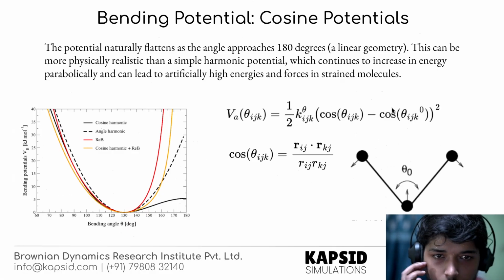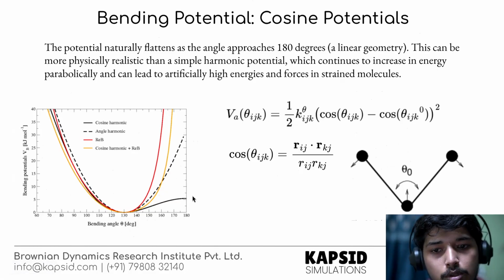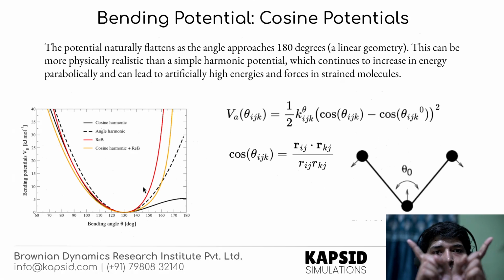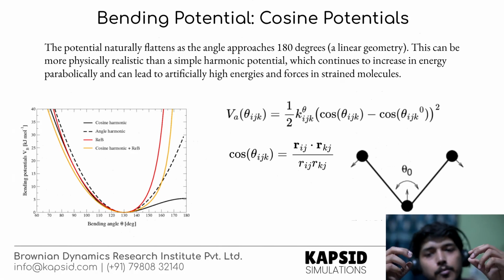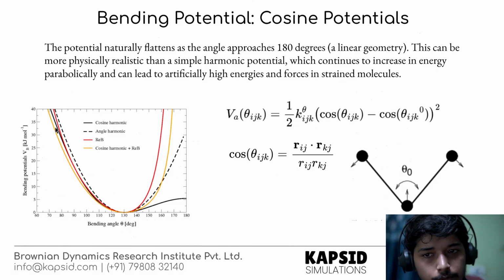That's the minor change they made, and the form becomes much more natural as well, because now as you see, when we put the two atoms closer to each other, the potential energy should increase, which is happening in all of the four cases.